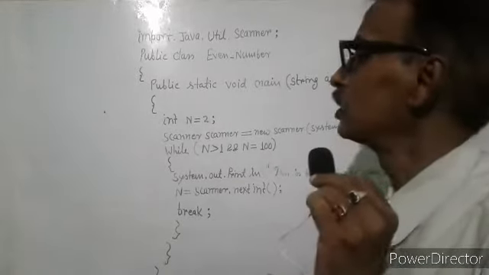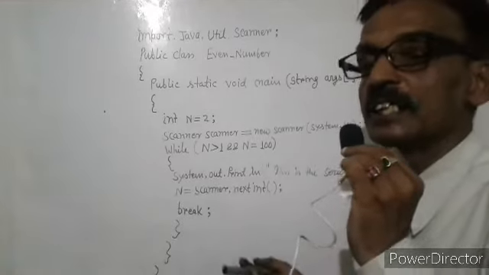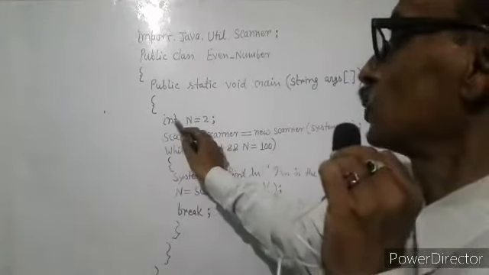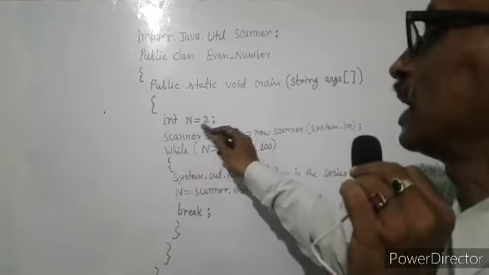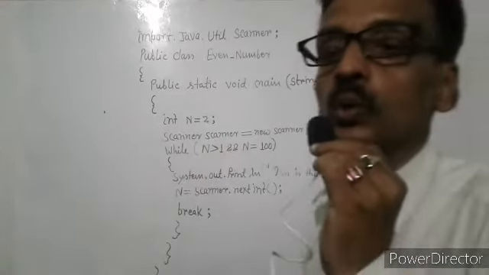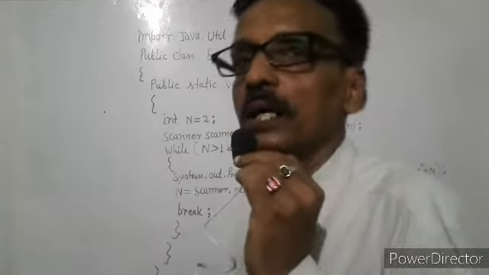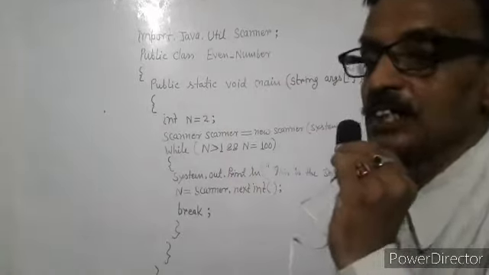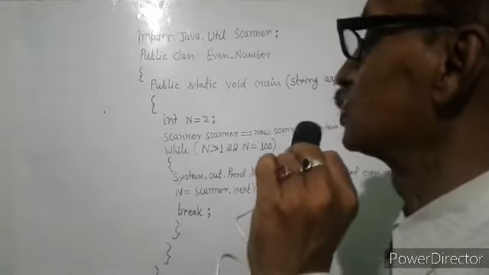For the number, so it is an integer, we take the category of number as integer. So int n, the initial value of n is 2. Why? Because even numbers start from 2. That's why we initialize its value to 2.